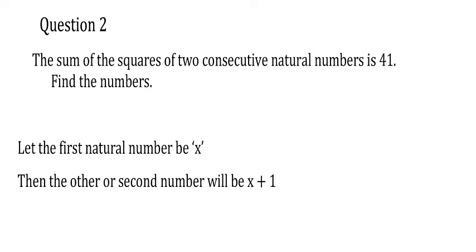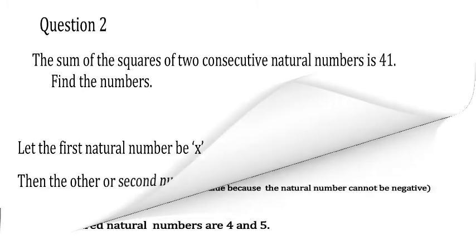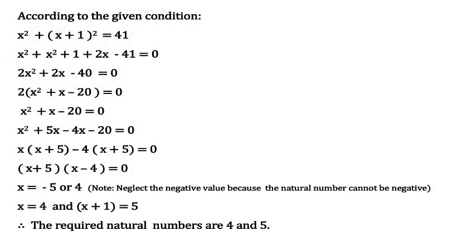The sum is equal to 41. According to the given condition, my equation will be x square plus x plus 1 whole square is equal to 41.